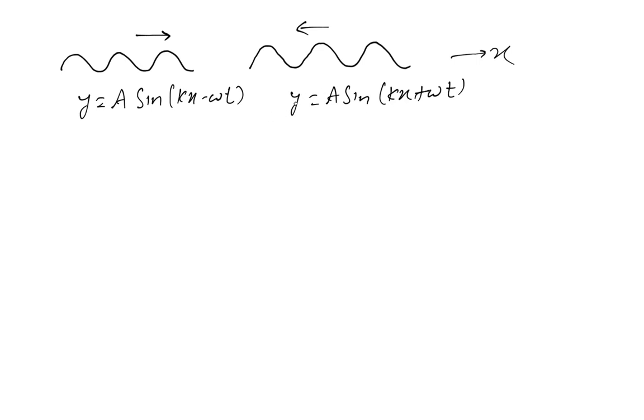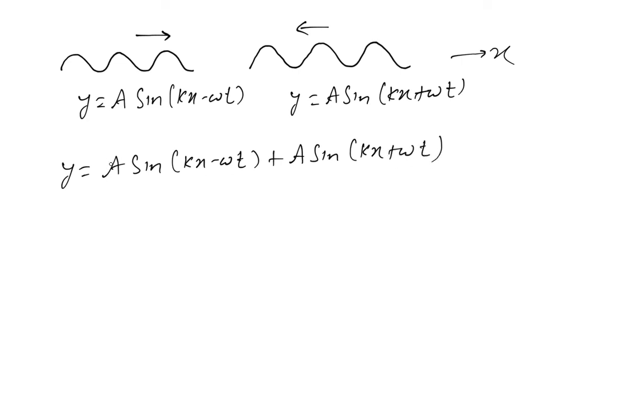Now when these two waves meet, if you refer back to the animation, they will produce an interference pattern, something like this. You can simply add them to get 2a sine kx times cosine omega t.